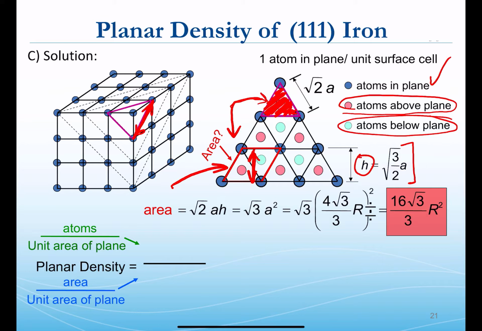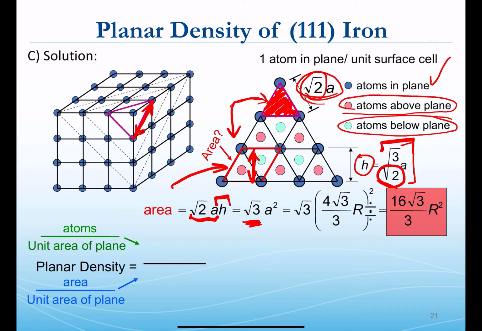Okay, so we see that here. Area is equal to root 2 a for the edge length times the height. We know the height here is root 3 over 2 a, so the two root 2's end up canceling, and we end up with simply a numerator of root 3, and we leave behind, of course, the a.